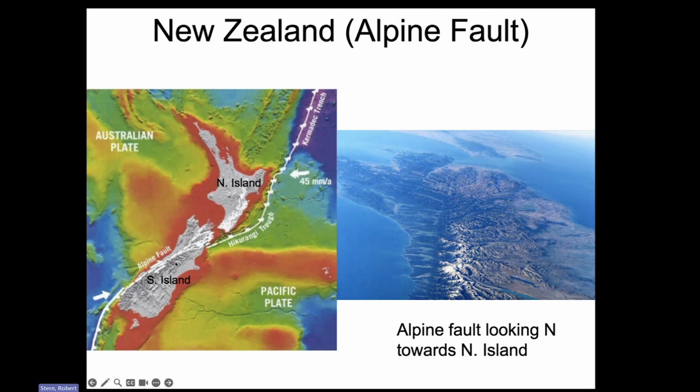New Zealand, as you know, has North Island and South Island, and the Alpine Fault affects South Island. And you can see it spectacularly here. We're looking from south to north, all across almost all of the South Island, and this fault is simply spectacular. That's North Island, the south end of North Island there.